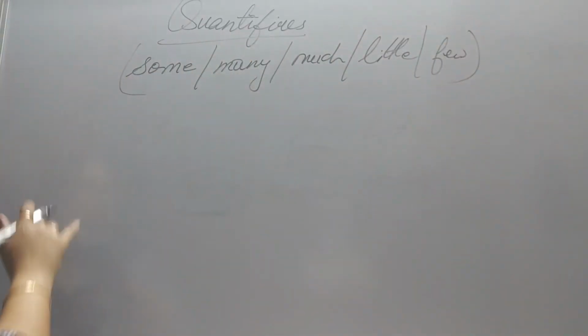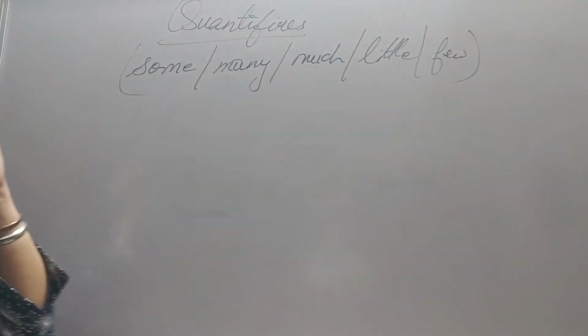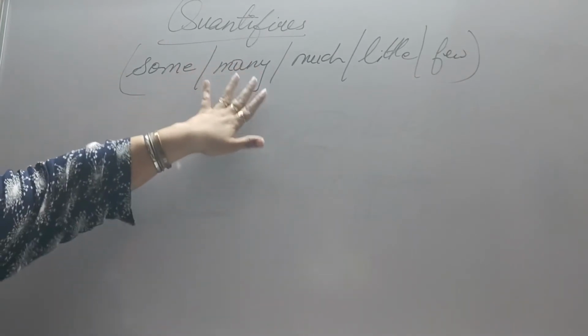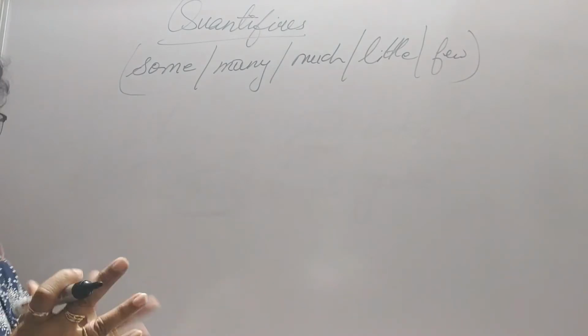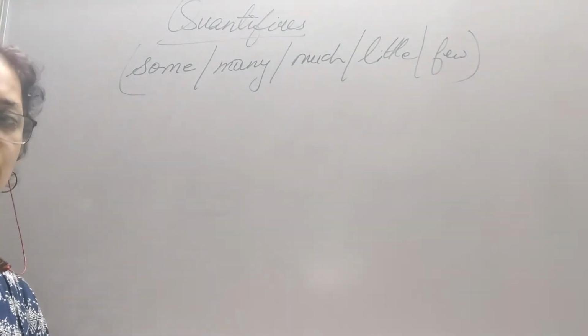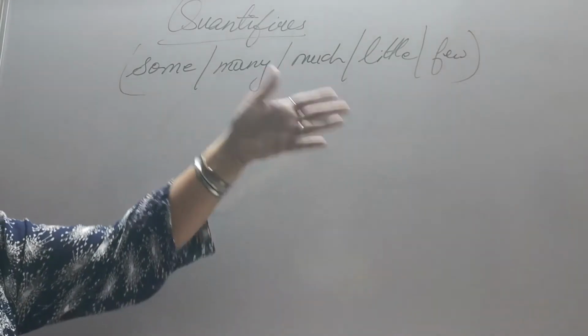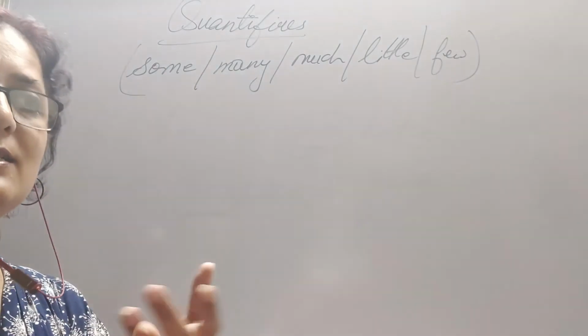Before I go ahead with these in detail, when we talk about much and many, you come across sentences where you have a lot of confusion between which one to put, much or many. Well, many is countable, much is not so countable. You cannot count the quantity.